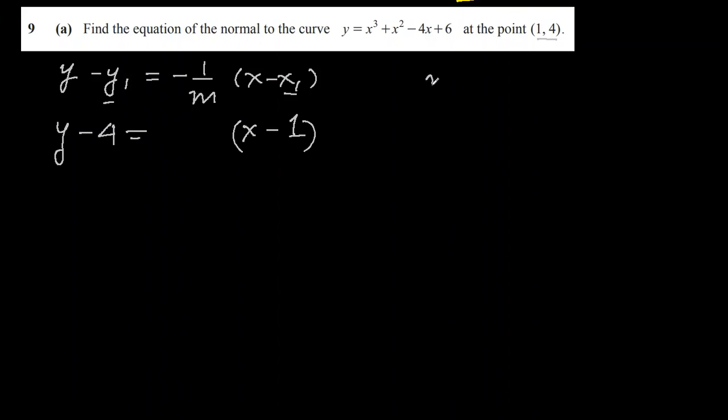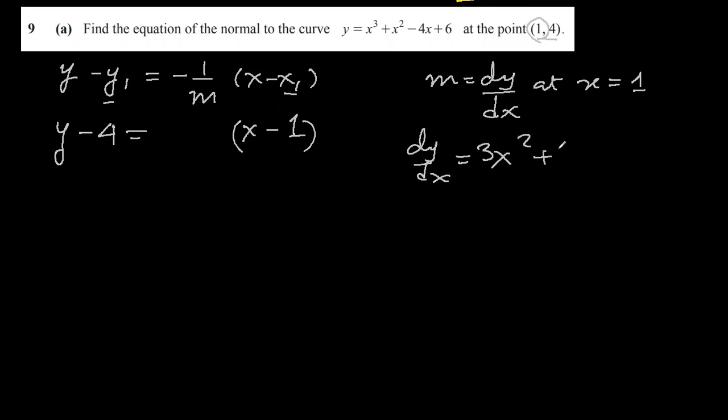So the only challenge left here is to find m. m is nothing but the differentiation of the given curve, also the gradient of the tangent at a specific point, and here we want it at x equal to 1. The x coordinate will be used here. So the gradient of the tangent is m, so minus 1 over m will become the gradient of the normal. So dy over dx of this particular function will be 3x squared plus 2x minus 4.